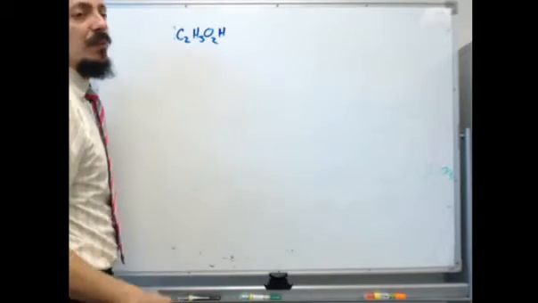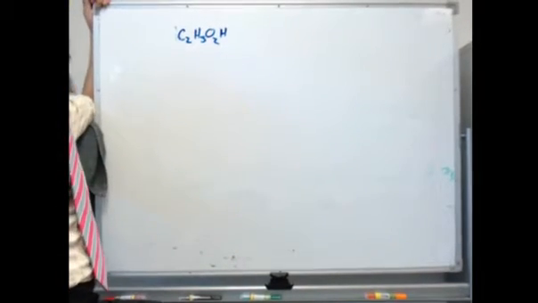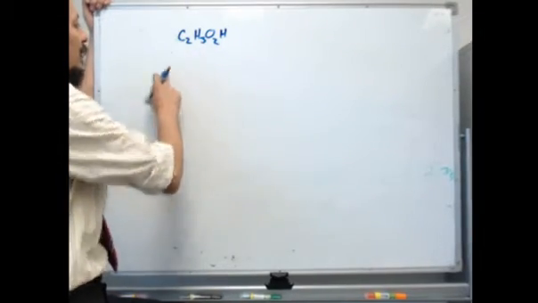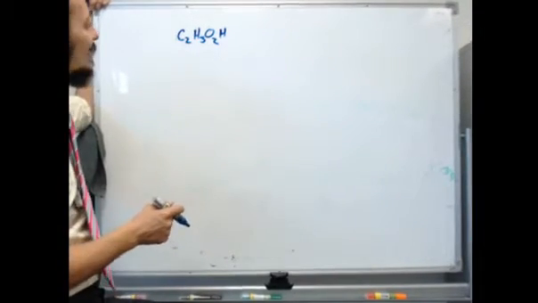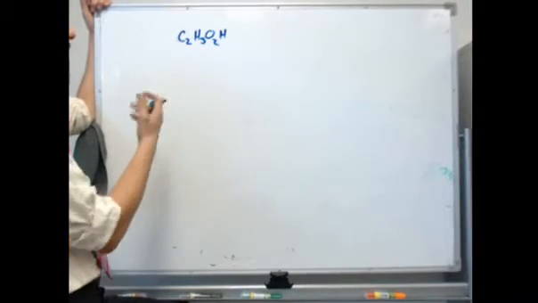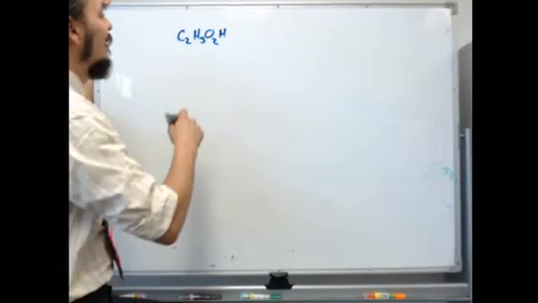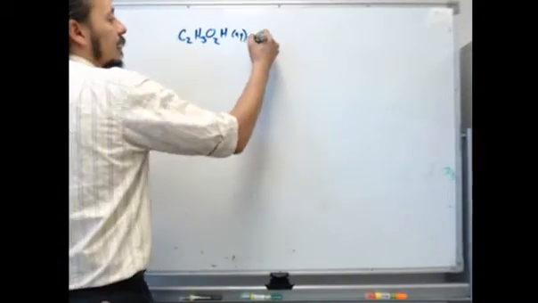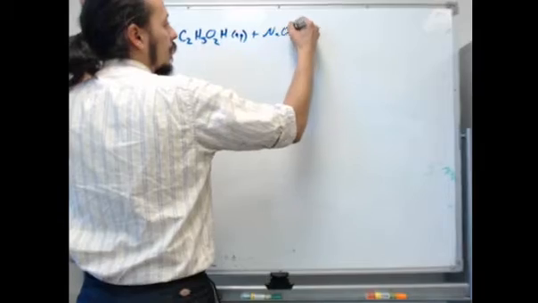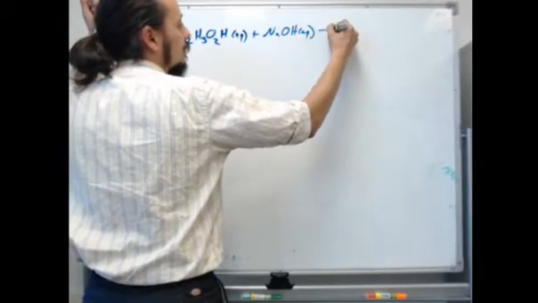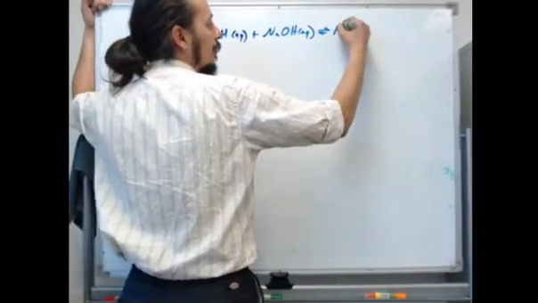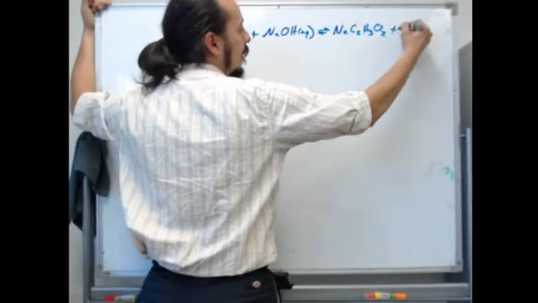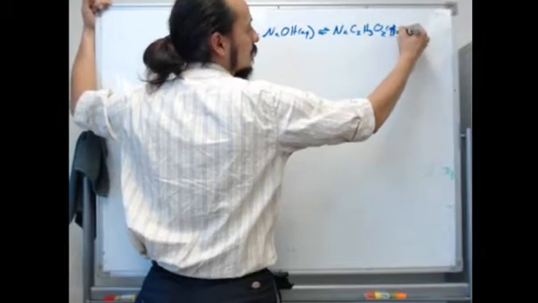Some of these problems I took from different textbooks, websites, the workbook, and not everybody agrees with me about the way to write things. So now that I wrote it this way, I can see that this is acetic acid. So we've got acetic acid. I'm assuming that this is aqueous, correct. And then plus NaOH aqueous yields NaC2H3O2 aqueous plus H2O liquid.